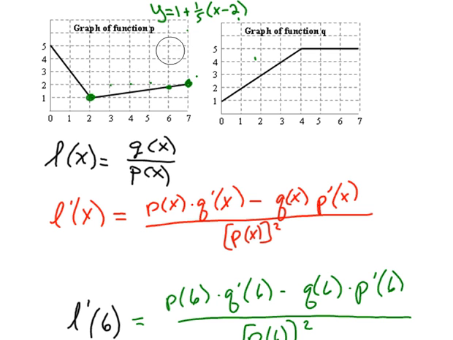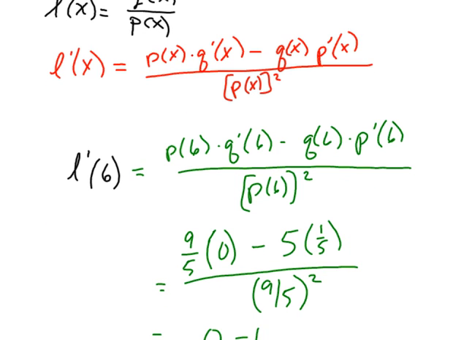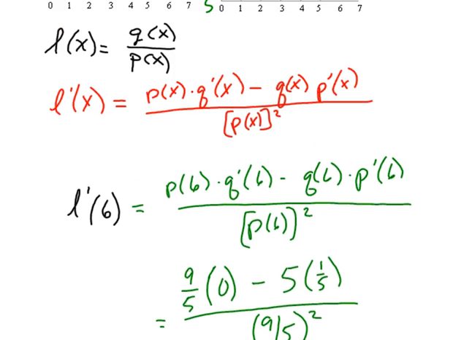I'd go ahead and just put 6 in. So y equals 1 plus 1/5 times 6 minus 2. So that's 4. So you have 1 plus 4/5, which is the same thing as 9/5. All right, so that's where you're going to see where I got the 9/5 from.